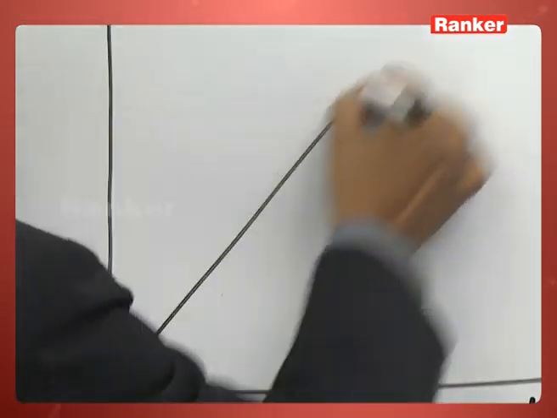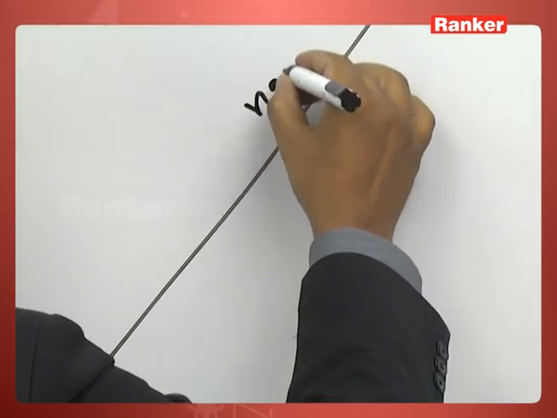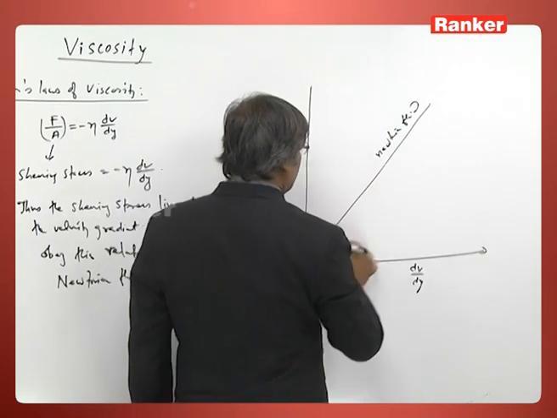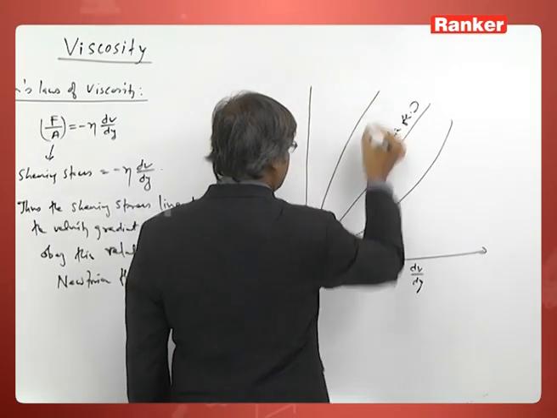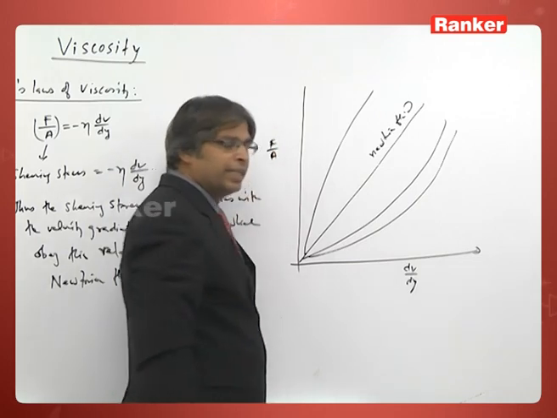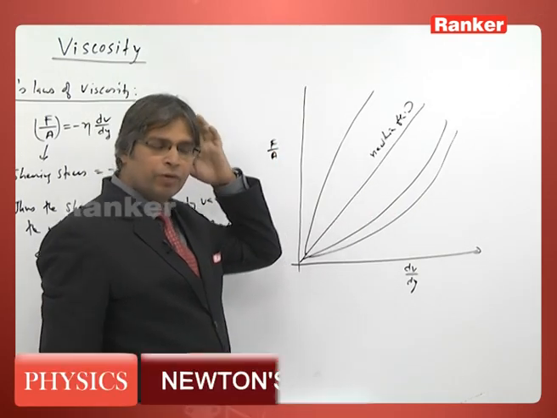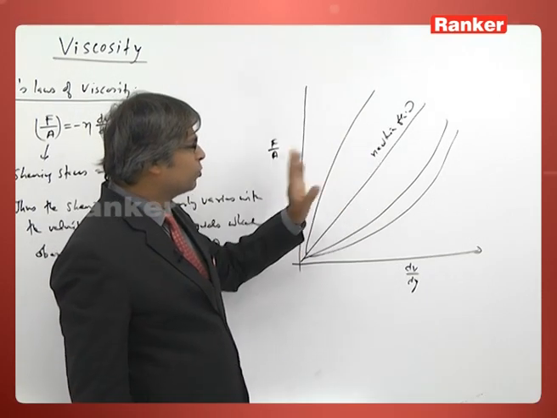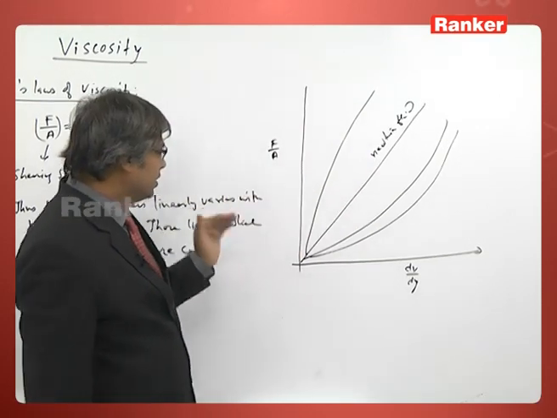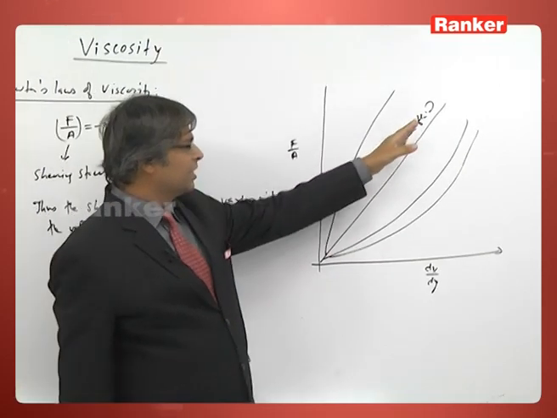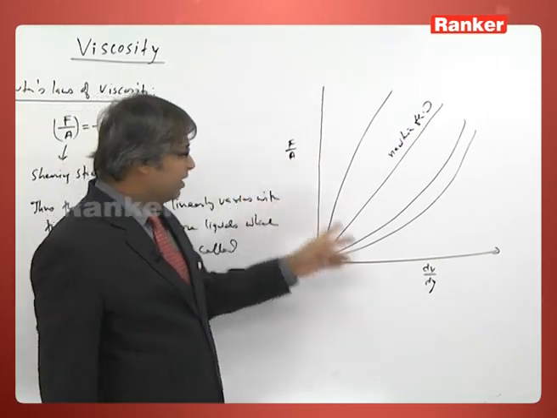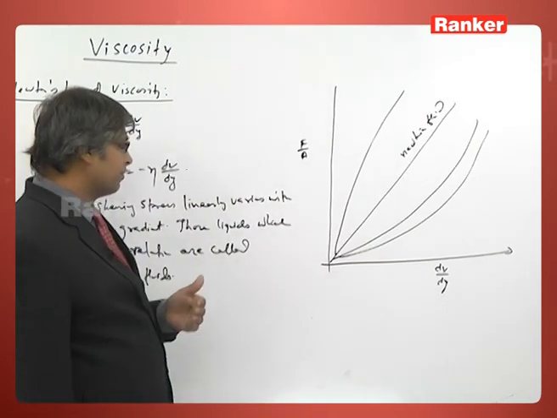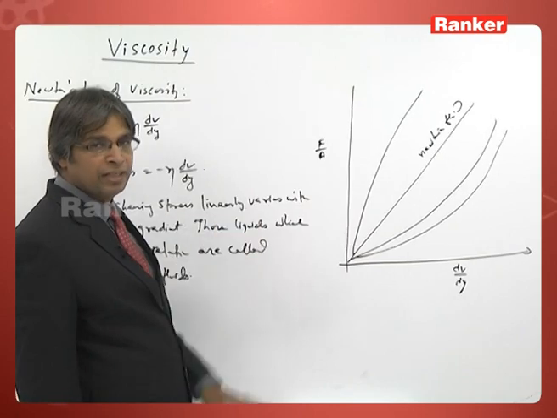If this graph is linear, this will be a Newtonian fluid. Those that deviate from this graph are non-Newtonian fluids. Example, coal tar does not obey the Newtonian fluid relation. So, those which obey this linear relationship between the stress and the velocity gradient are called Newtonian liquids, otherwise they are non-Newtonian liquids.